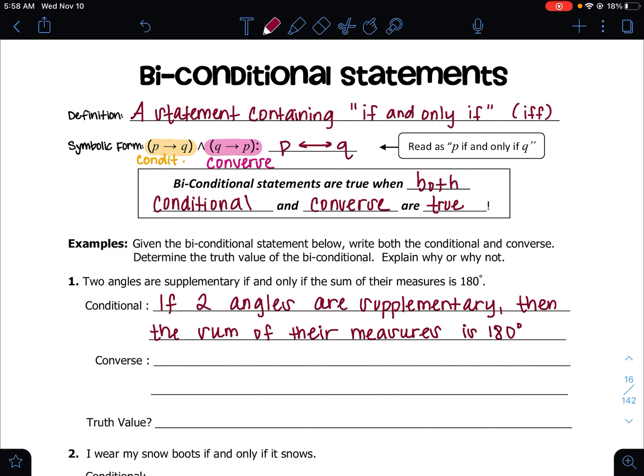Okay, so there we go. If two angles are supplementary, then the sum of their measures is 180 degrees.